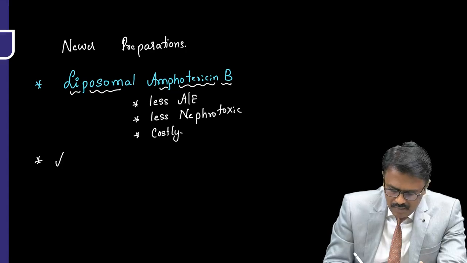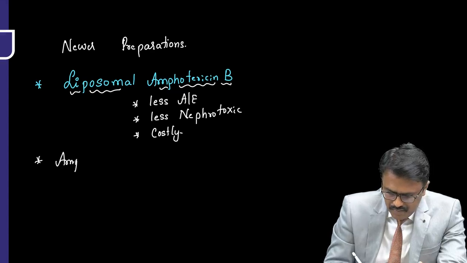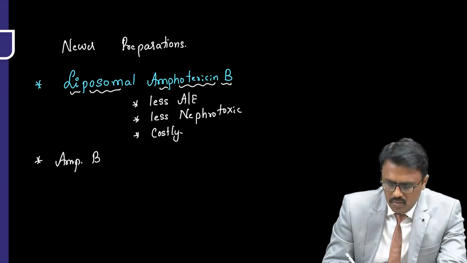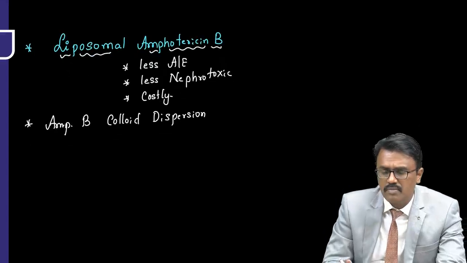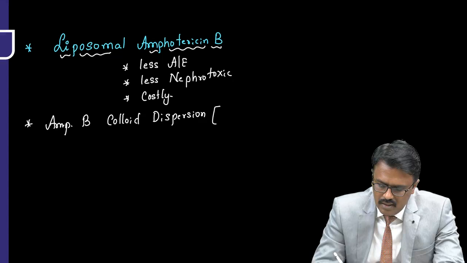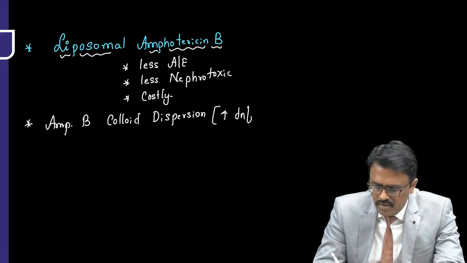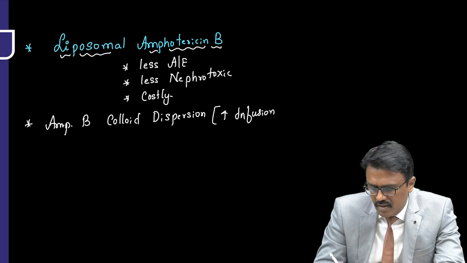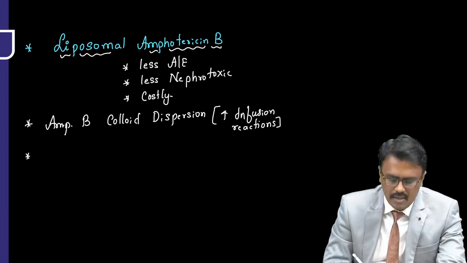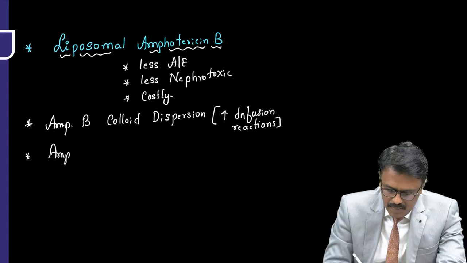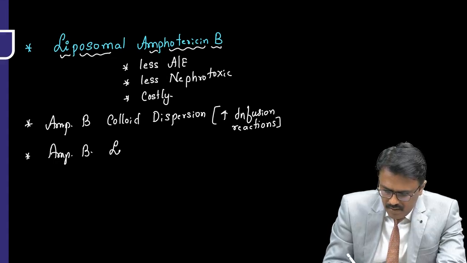Then we have amphotericin B colloid dispersion, the ABCD. The only problem is it has been shown to increase infusion reactions. It is also less nephrotoxic, but the infusion reactions are more with this. Then we have the amphotericin B lipid complex.